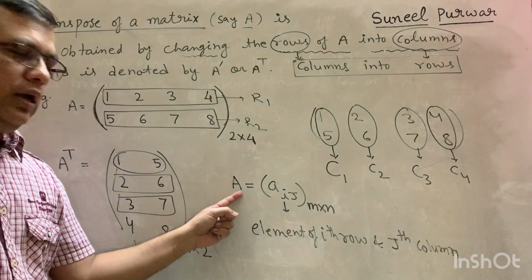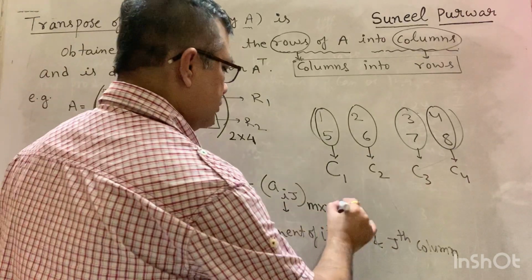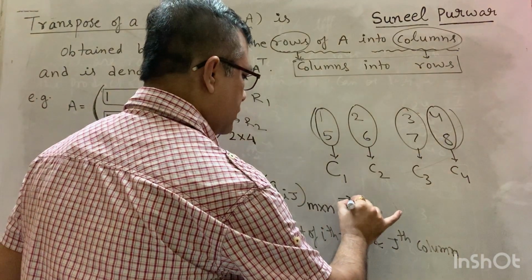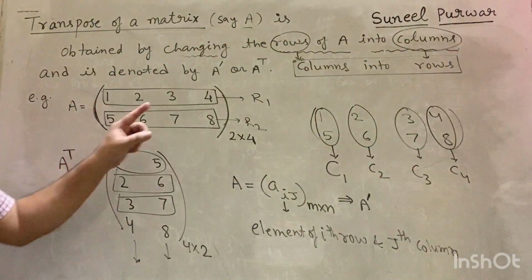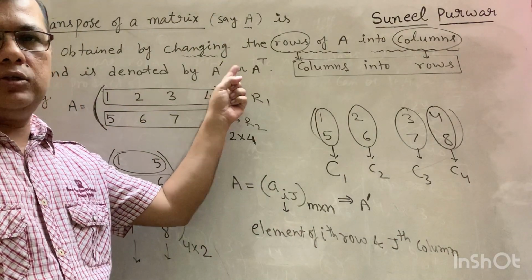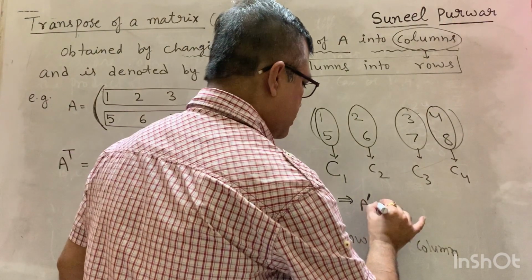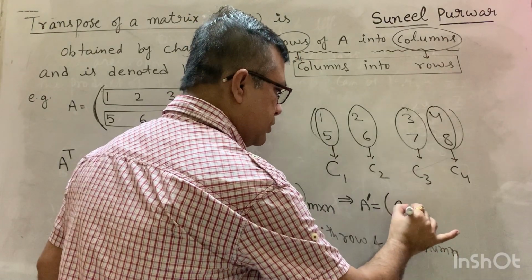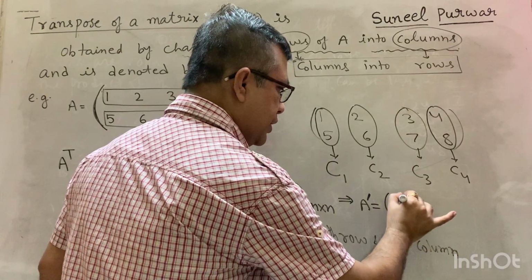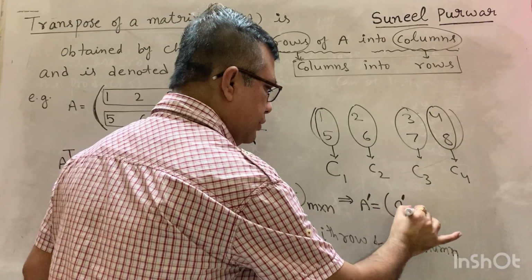So, if our given matrix A is of the size m by n, then A transpose, now I am using dash for transpose. It is our choice. Either we can use A dash or A superscript T. So A dash is equal to, उसका जनरल एलिमेंट हम डिनोट कर सकते हैं a_ji से, and we should denote it by a dash ji.